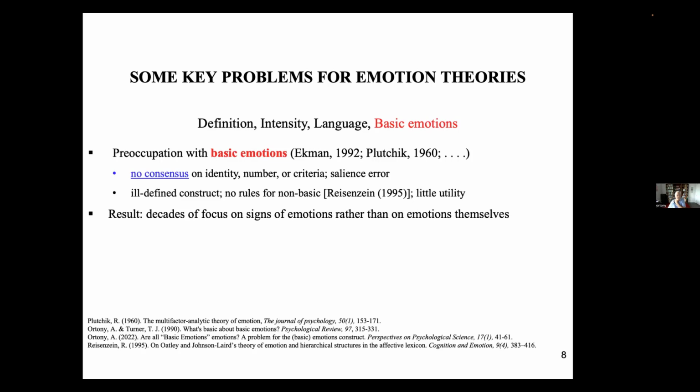And you find this, it doesn't matter whether they're psychologists or computer scientists or neuroscientists, there's still a sort of belief that there must be some basic emotions, just like there are some basic chemical elements. I find this very, very problematic, primarily because every author has a different conception of what the criteria for basicness are, although very often they won't even tell you that, how many basic emotions there are, which are the basic emotions, and I think there's very little consensus on this.